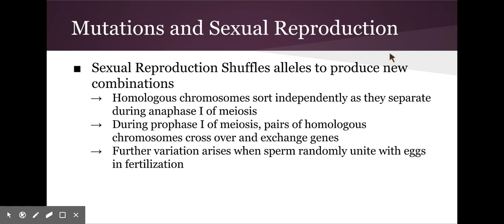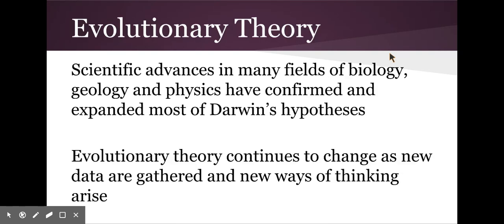And the last thing is that sexual reproduction shuffles the alleles to produce new combinations of homologous chromosomes, and they sort during anaphase 1 of meiosis. During prophase 1 of meiosis, the pairs exchange and cross over, and further variation arises when the sperm randomly unites with the egg in fertilization.